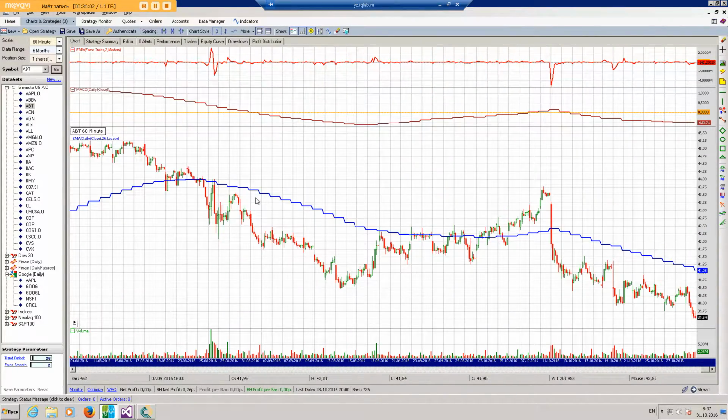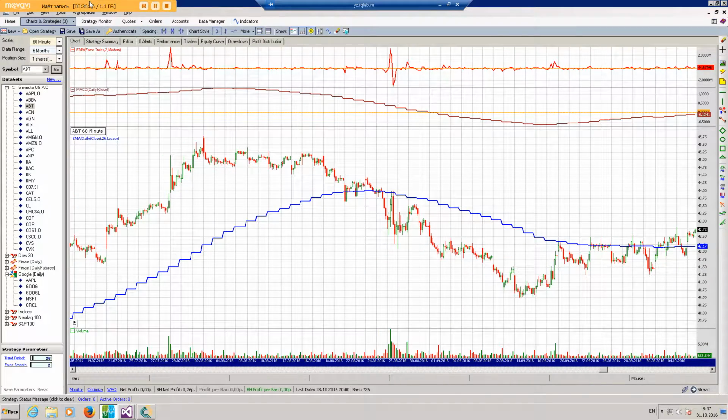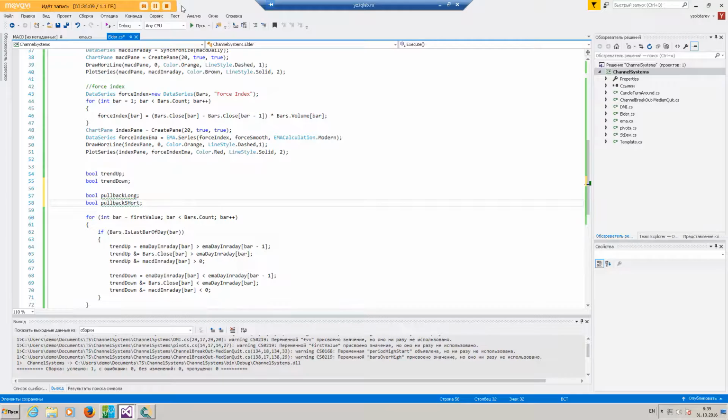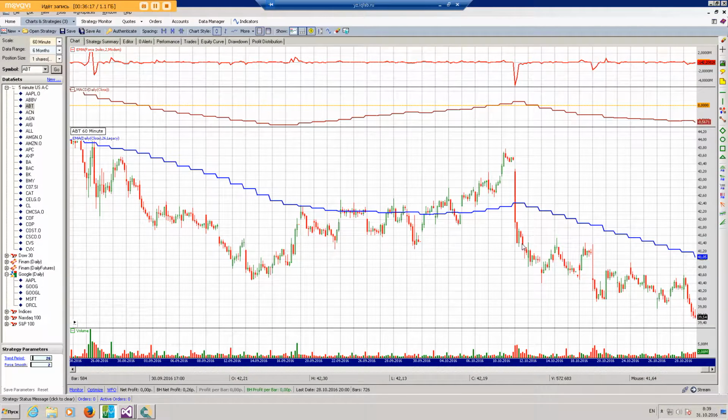Okay, so let me just pause for one second and figure out what I'm going to do, because it's 36 minutes already. Let's just see where the pullbacks are, so we can make the system a bit quicker. We can see that the pullback was here, and that was the best place to buy.